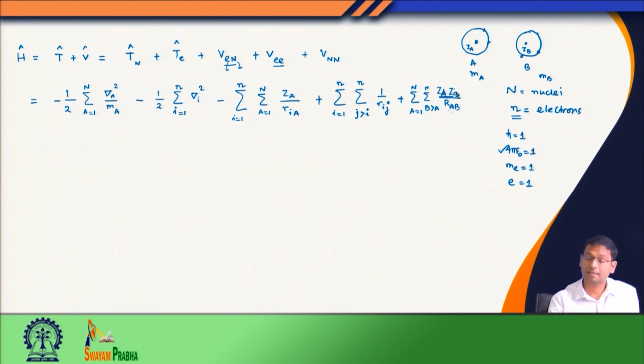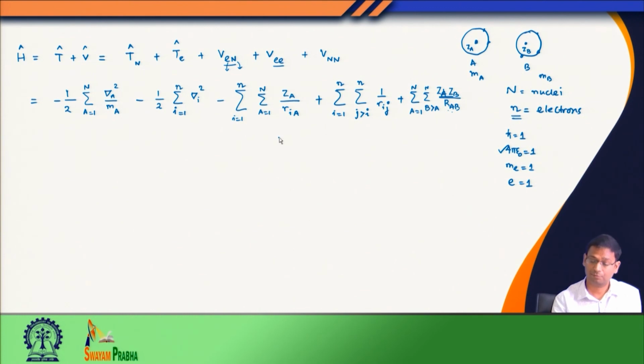But here the nuclear repulsion would of course be Z A Z B e square divided by 4 pi epsilon 0 r A B, and e square and 4 pi epsilon 0 have been taken out, but still I have Z A and Z B because I am talking about any atom in general. So, I have now this Hamiltonian for a molecular system.